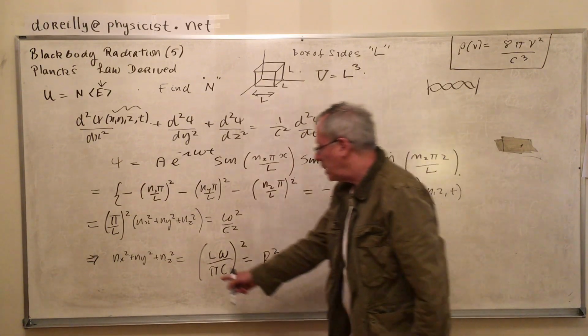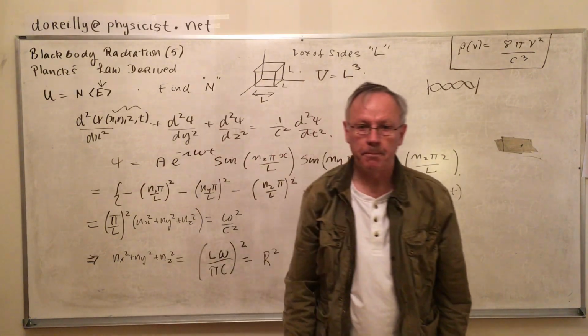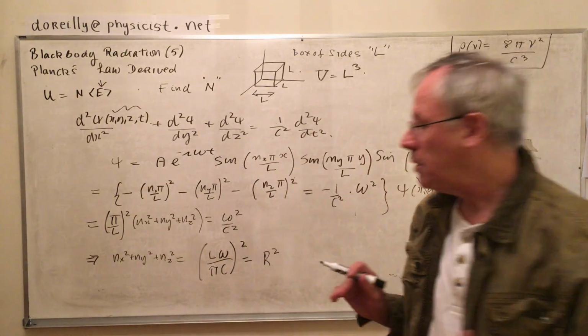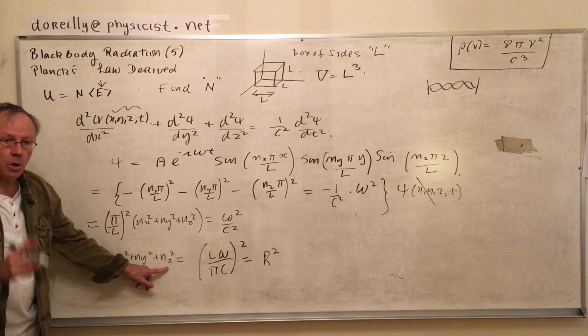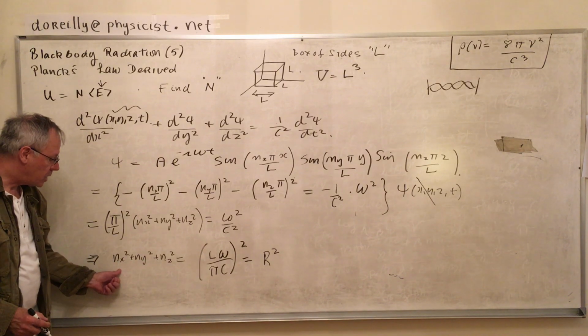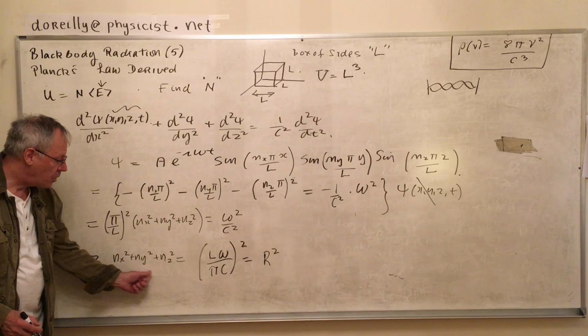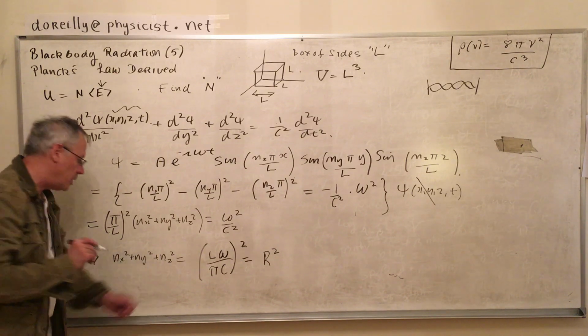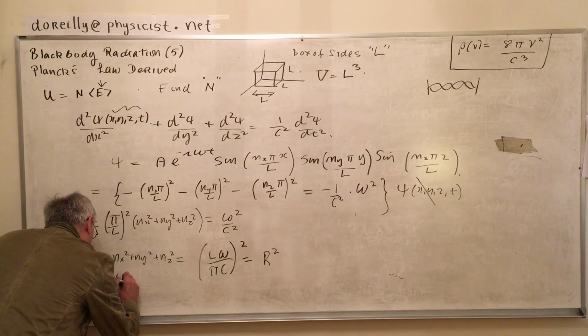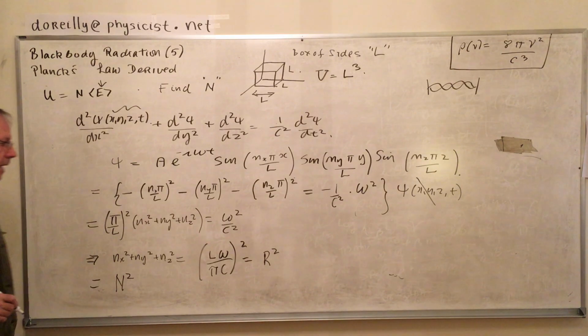But really, this is the equation of a sphere, right? And it counts all the numbers of modes in the x direction, in the y direction, and in the z direction. So if I had 100 modes in the x direction, 100 in the y direction, and 100 in the z direction, I would have 300 modes. So this is going to be our n squared.